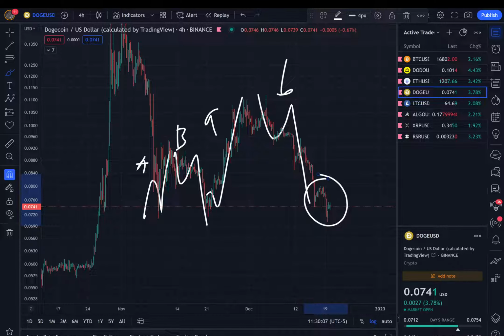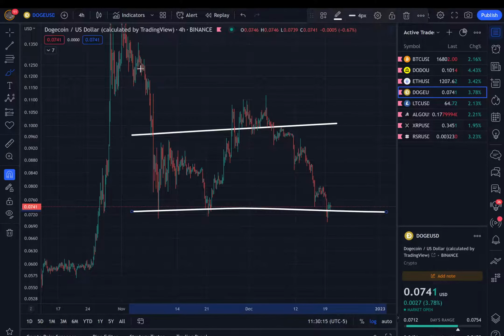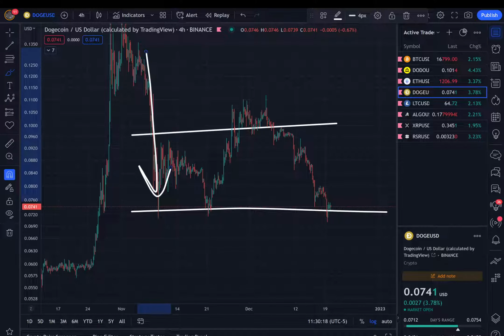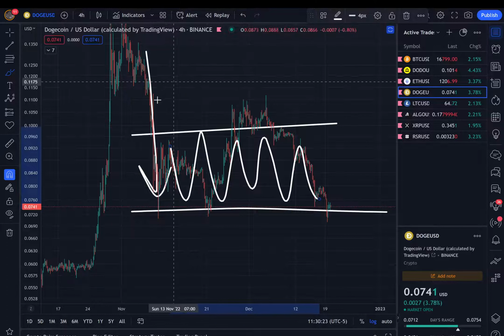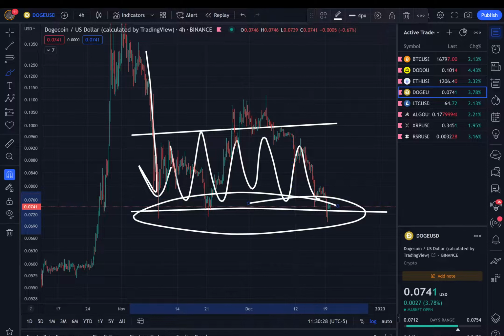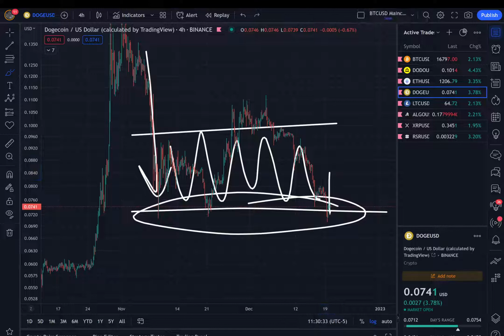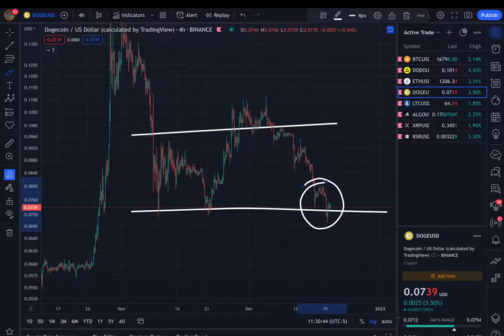You see that? Two degrees of AB basing and a pivot. At the end of the day, this is a reaction once more to the FTX drawdown. You have accumulation of this drawdown right here, and now you're at support of that channel, and you bounced off of support. Okay, very likely this is the bounce. If you use your skills in AB basing to count it, it's very likely that this is your pivot.